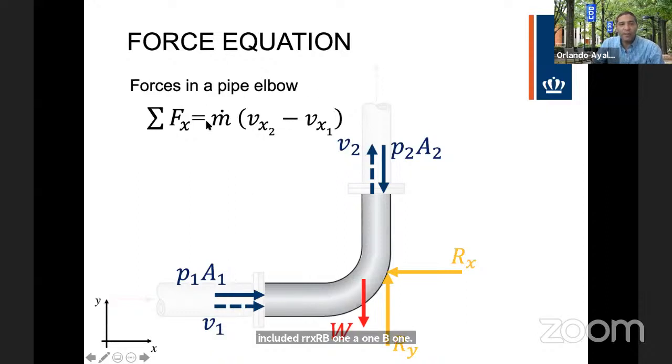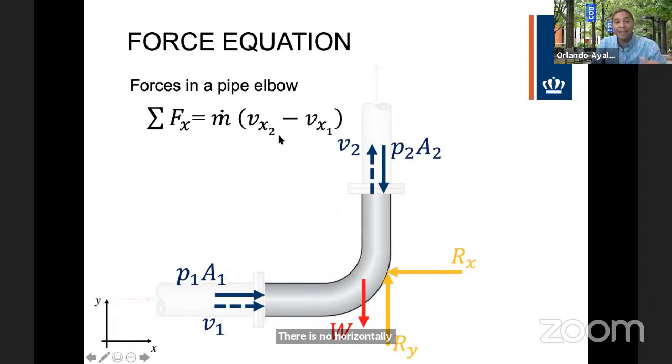So let me start with the right-hand side of this equation. I have my flow rate. What is Vx2? Vx2 is the horizontal component of the velocity 2. But velocity 2 is purely vertical, there is no horizontal component.